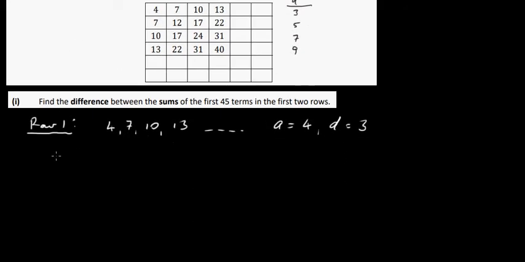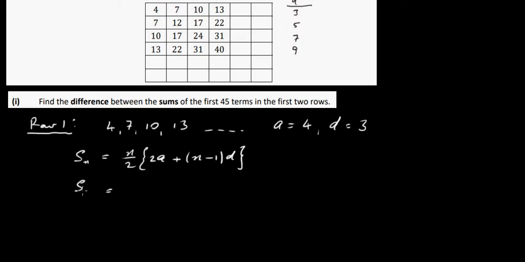We know from our tables that the sum of the first n terms in an arithmetic sequence is n over 2 times 2a plus n minus 1 times d. All we've got to do is substitute these a's, d's and n's into this formula.